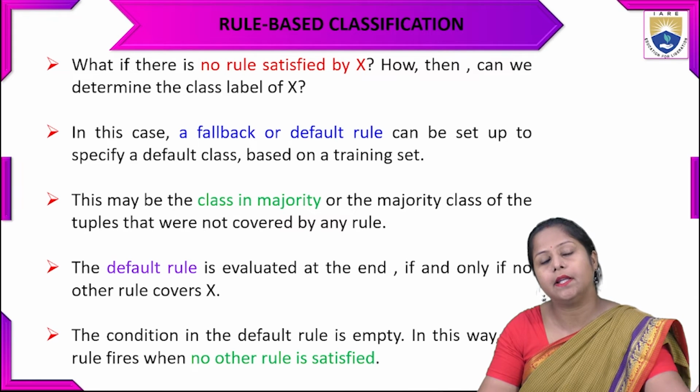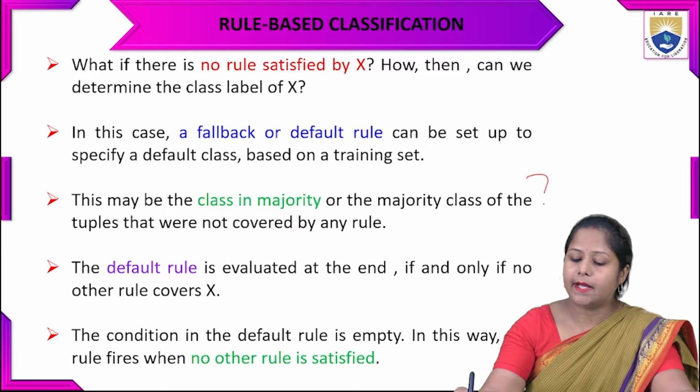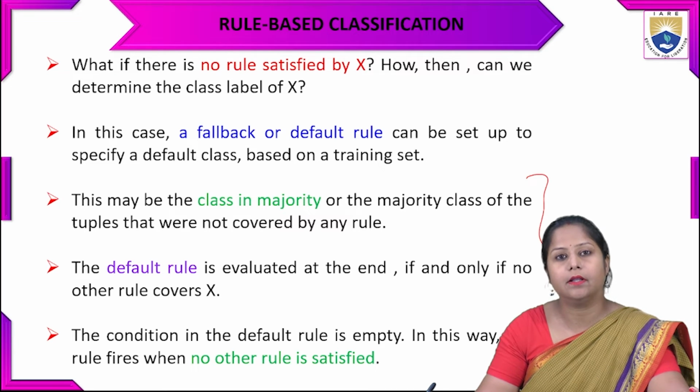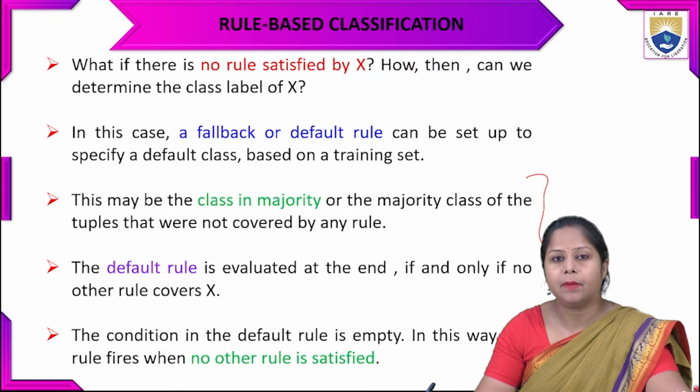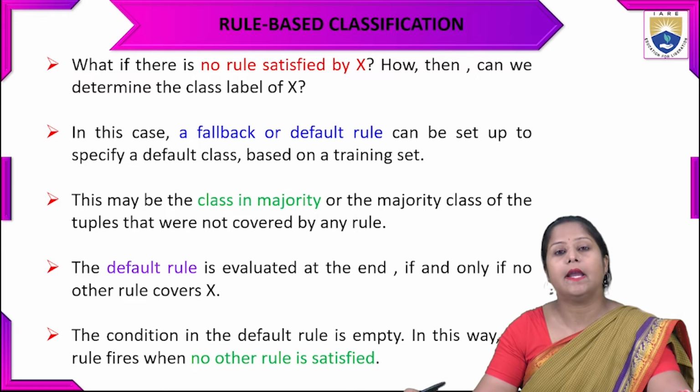If no other rule is satisfied, this may be the majority class, the class of the tuples that are not covered by the other rules. So we do not write those in a particular rule. The default rule is evaluated at the end.